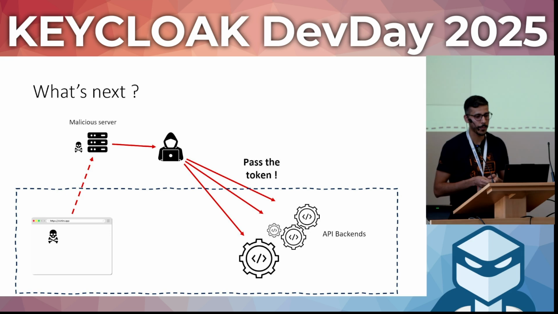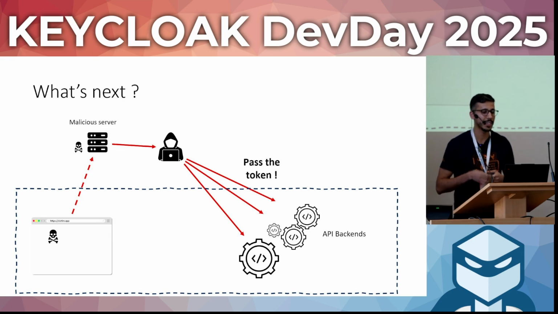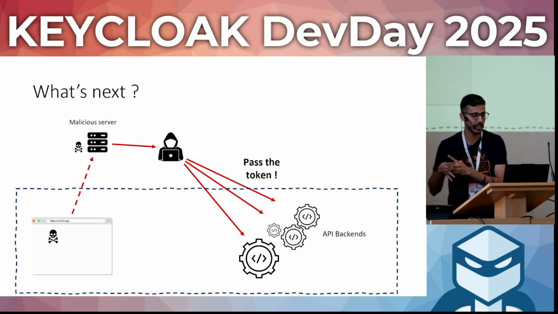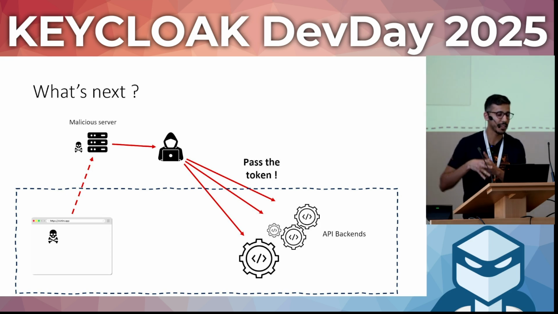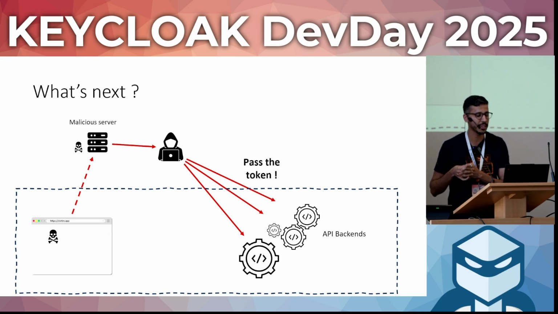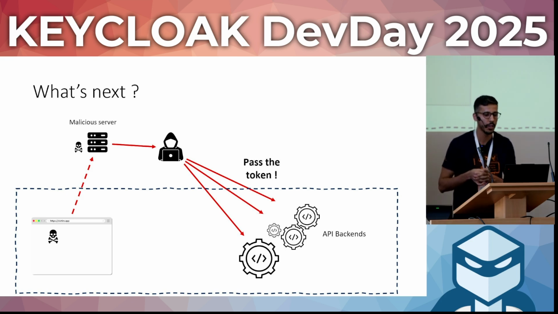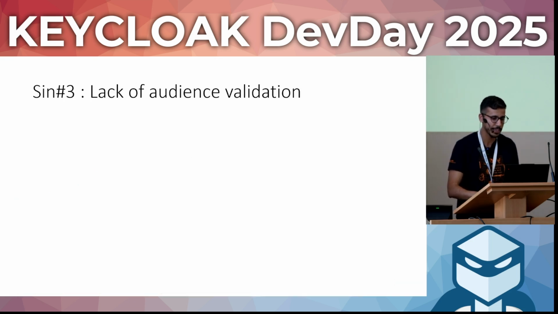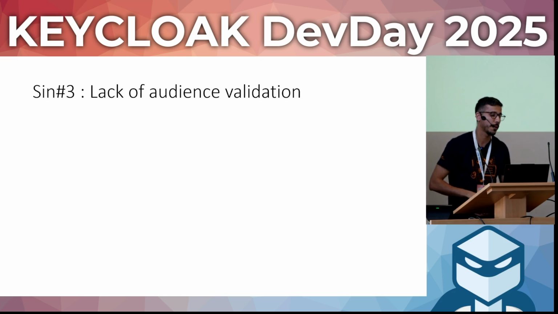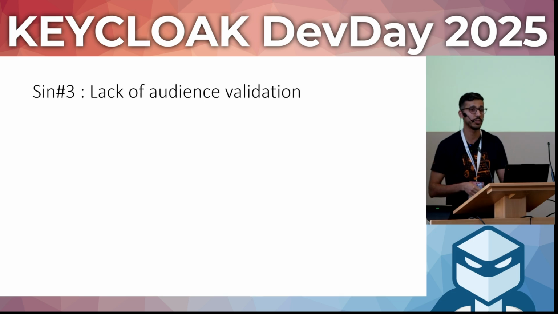What's next? Again, an attacker will always try to propagate and compromise other applications. Another possible type of attack is what we call a passive token, where the idea is to exploit the trust relationship between all the client applications or the resource servers under the same realm. And this is due to the lack of audience check or audience validation, which is our third sin.